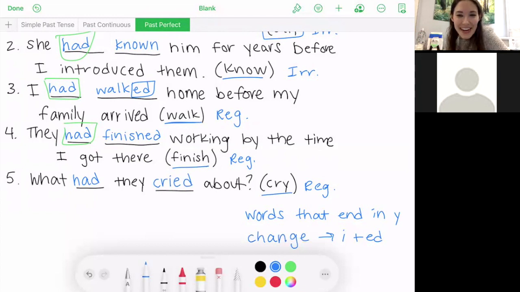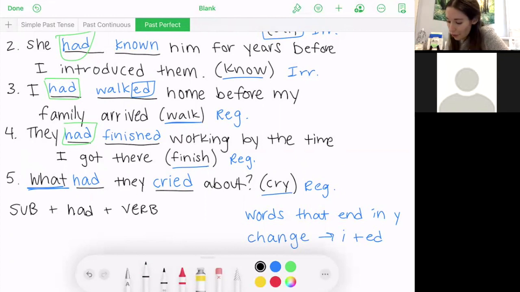All right, so we have our word cry. Again, we added the ed because this is a regular verb, but we see the y on the end and the y changes to I. Okay, and so when we add in this question word of what, we change our structure a little bit. So for statements, generally, we would just have our subject plus had plus the verb, right?